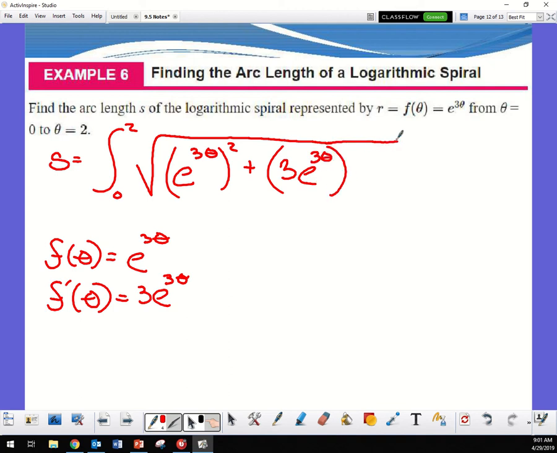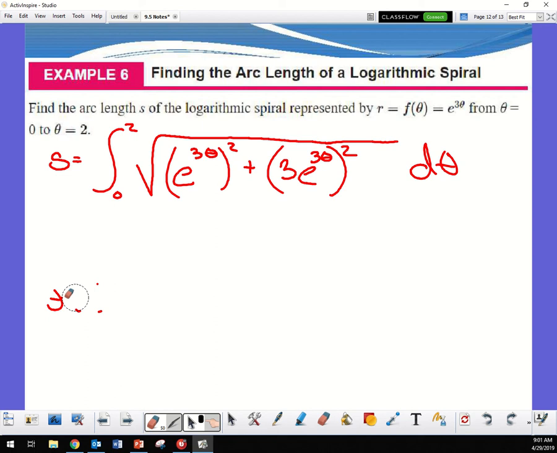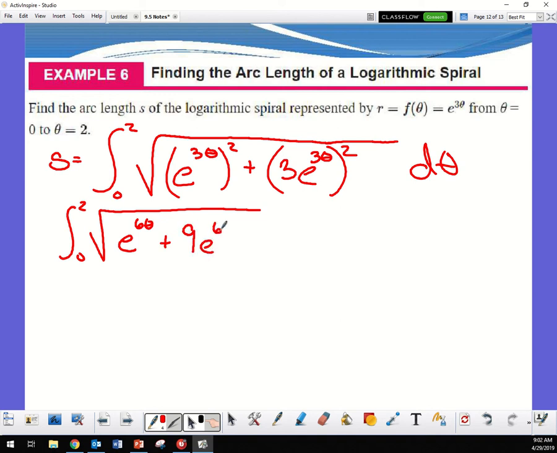I'm going to clear up my scratch work for the derivative. So we're going to have integration 0 to 2, still the square root of e to the 6 theta plus 9 e to the 6 theta, and this is still d theta.